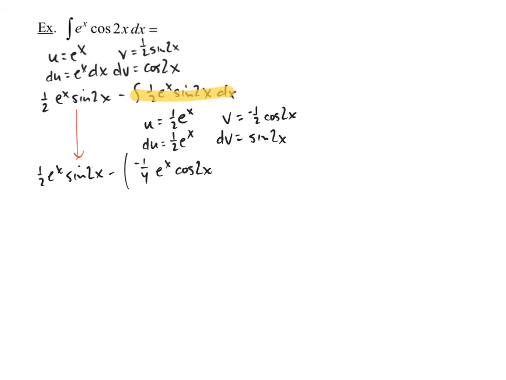Just in case you're not sure where the 1/4 came from, I multiplied u times v. This had a 1/2, this had a negative 1/2. So when I multiplied those together, I got negative 1/4. Minus the integral of v times du, so that will be also minus 1/4 e to the x cosine of 2x dx.